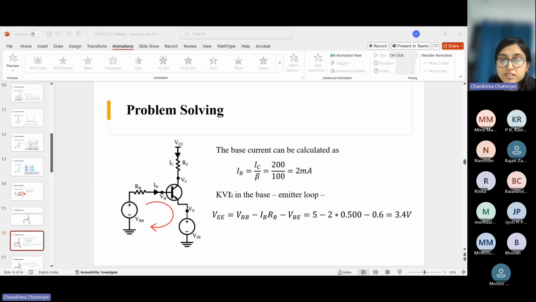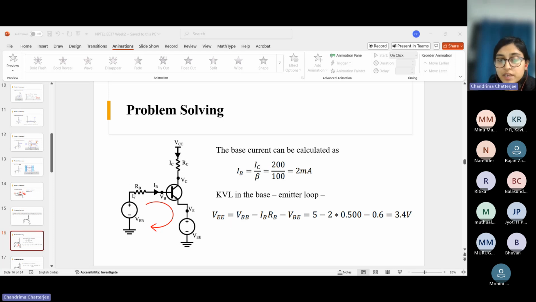And then if we just apply KVL in this base emitter loop, we will find the VE value. There is some base current here, so there will be some drop across this resistor RB.